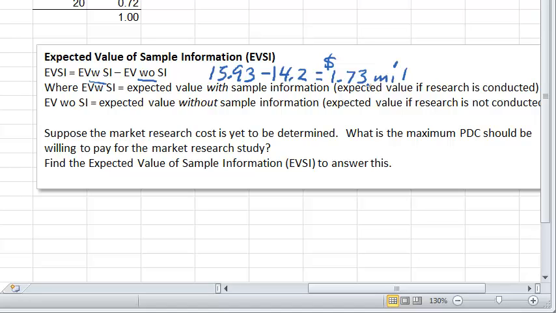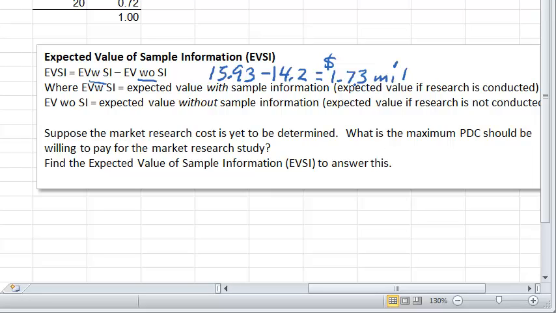So if the market research costs anywhere above this amount, then we would choose not to do it. The concept is similar to EVPI, the expected value of perfect information, but this time the information is not perfect. We call this sample information, because in most cases, the information is obtained by sampling. That is, we might survey a sample of customers to gauge their interest in the product.